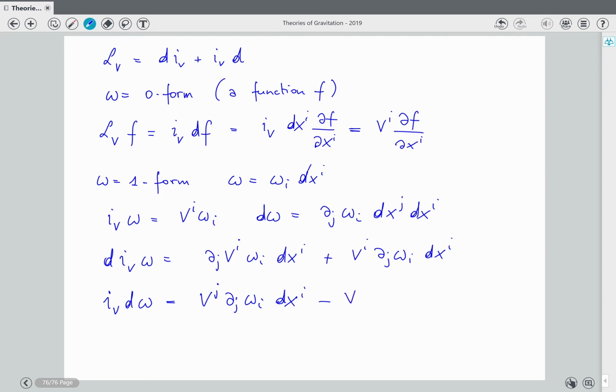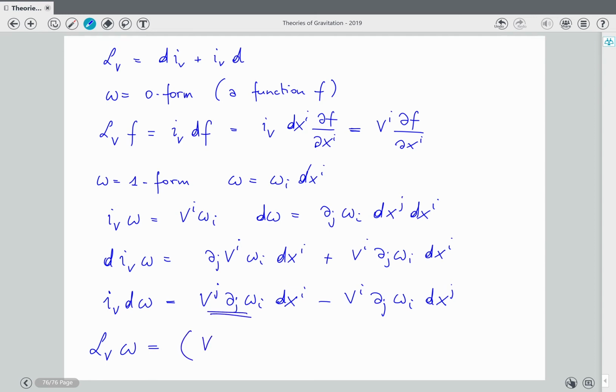So that will be omega I partial j omega I, and then I lose the second differential, so I have this. And you see that when you sum the two, these objects cancel out. And so the Lie derivative of omega is the sum of these two things.